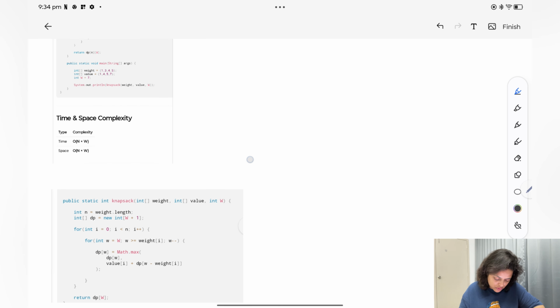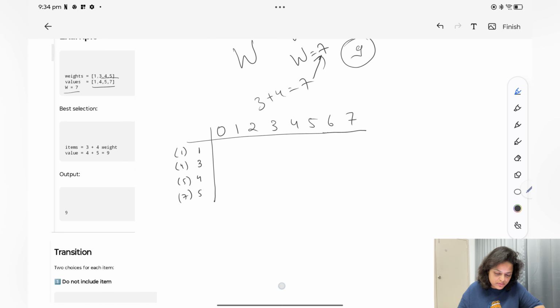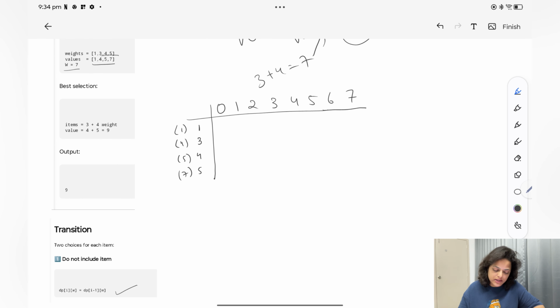Now let's come to the table format. Let's say you have weight 1 and you need to form 0. How much weight will be taken? 0, right? Because you will not take this 1. So 0, 0, 0, 0 will come here.